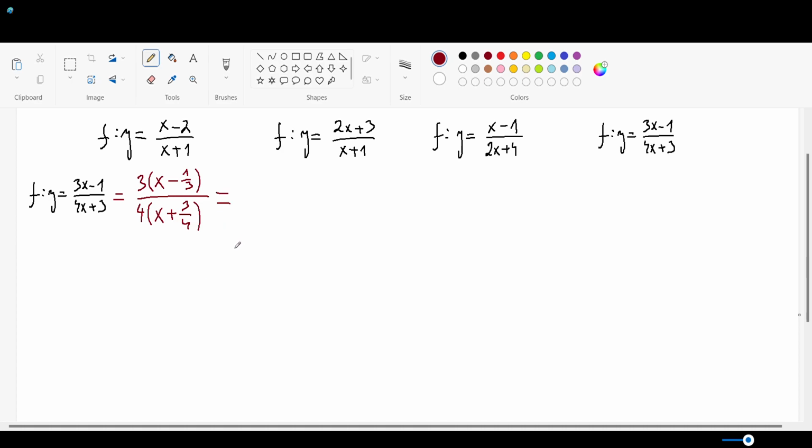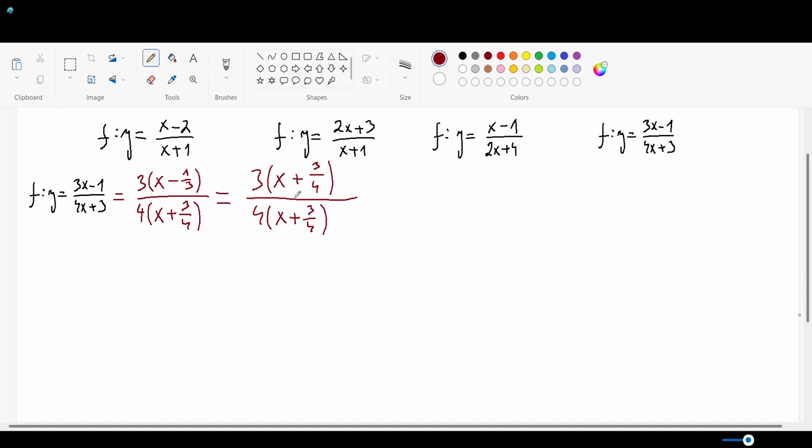And now the tricky thing is the same procedure as we did before. We want to have this expression in the numerator, so we force the numerator so that this expression is there, which would mean that we have 3 times x plus 3 over 4, and in the denominator x plus 3 over 4.